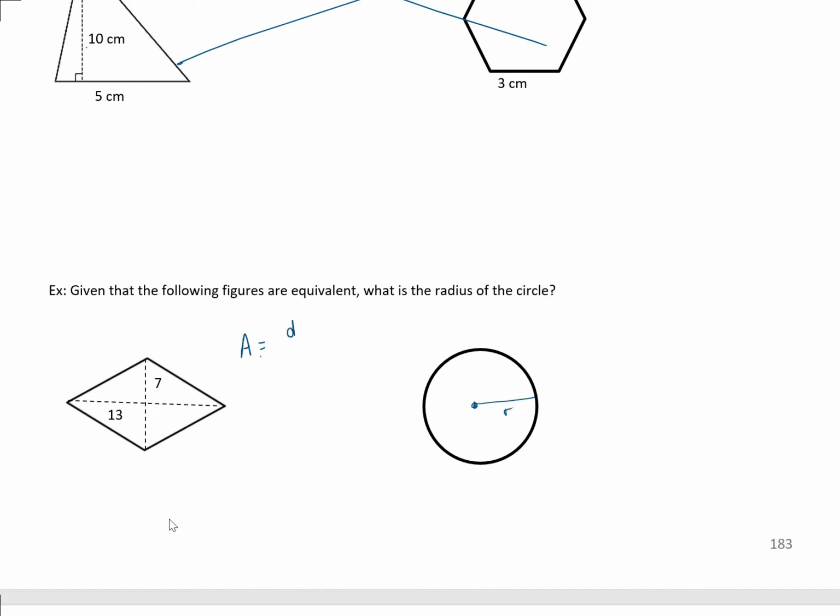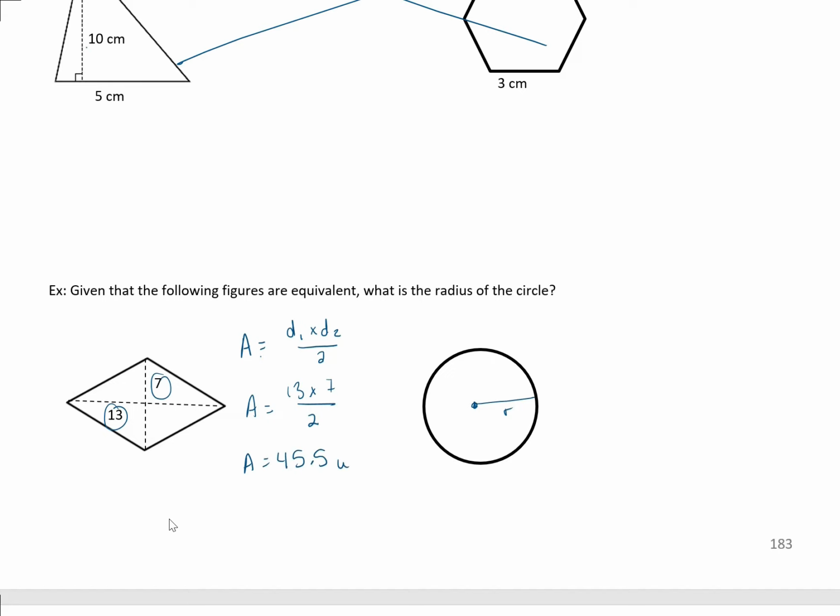Area is diagonal 1 times diagonal 2 over 2. Diagonal 1 is 13. Diagonal 2 is 7. So it's 13 times 7 divided by 2, which is 45.5.